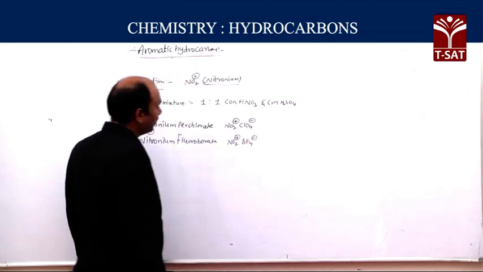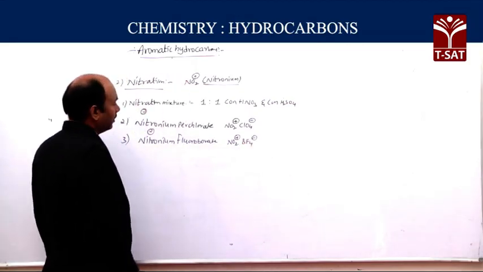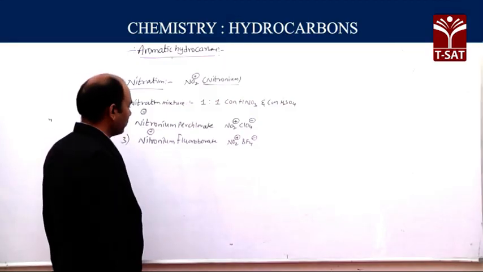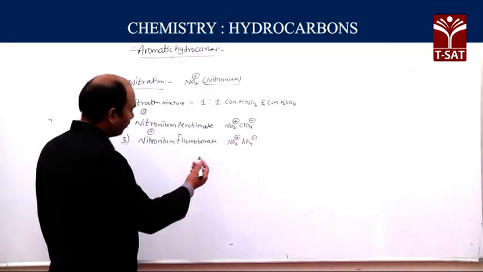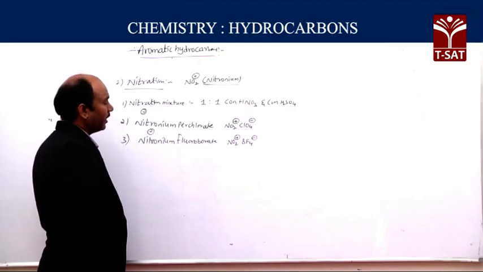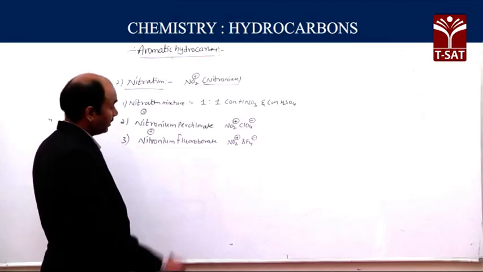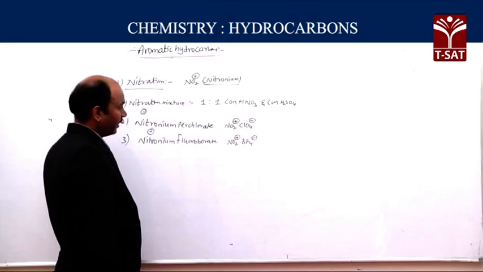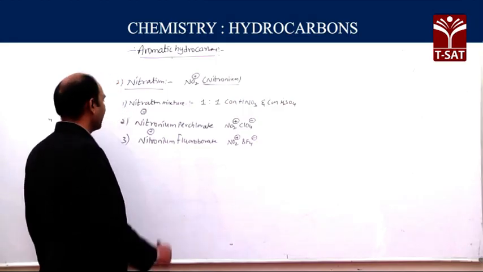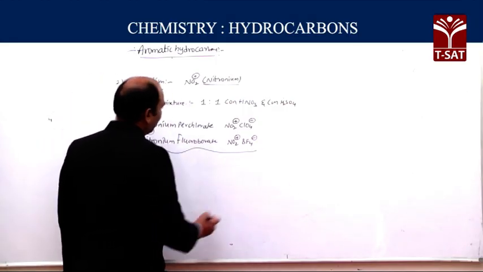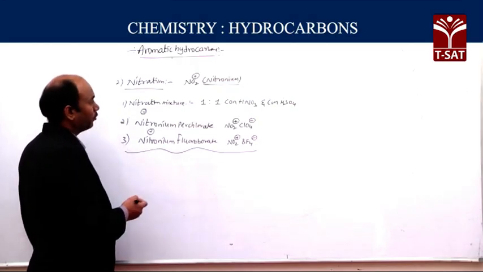We have many nitration reagents, such as NO2 plus BF4 minus and nitronium perchlorate. Nitronium acetate is also there, that is CH3COO minus and NO2 plus. Generally, these are used for introducing NO2 plus.